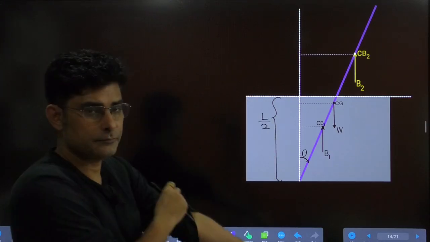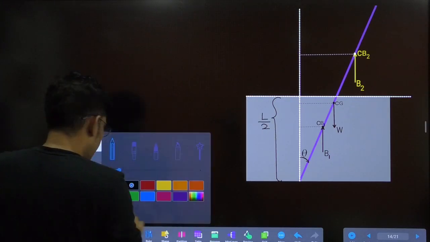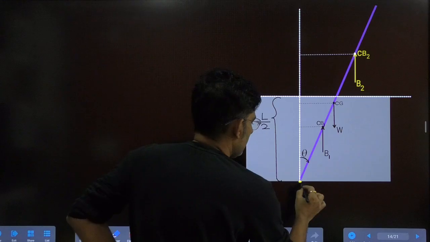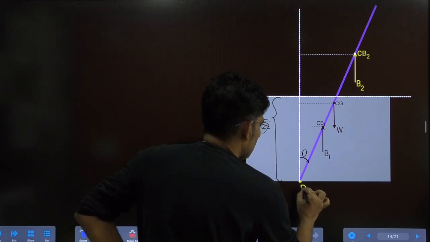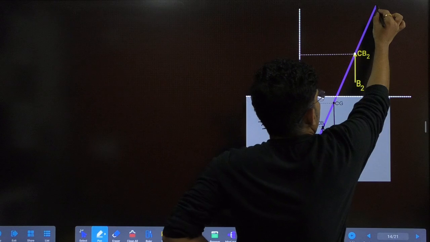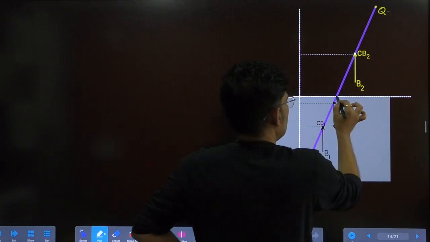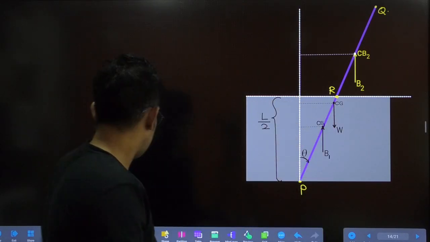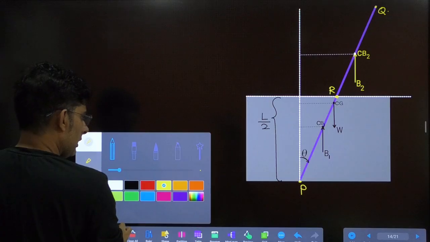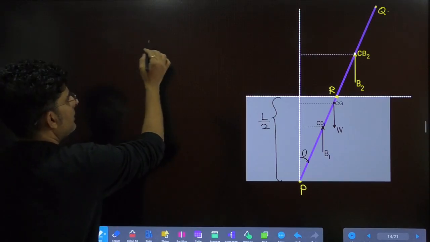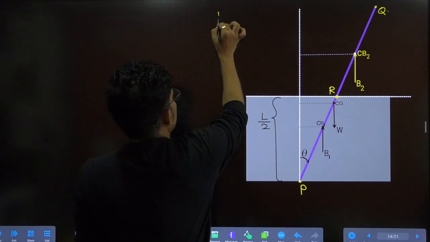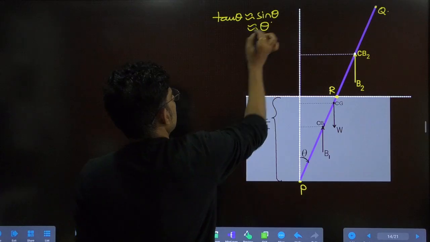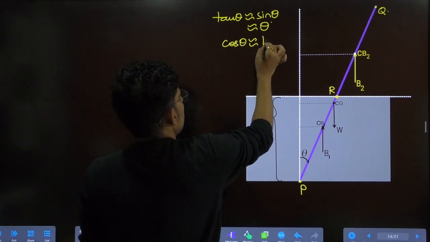is L by 2. Fine. So if I mark a few points over here, this point as P, this end of the rod as Q, and this as R. Now since the angle is very small, there are some approximations that we can go on with: tan theta and sin theta are approximately theta in radians, and cos theta will be approximately 1.